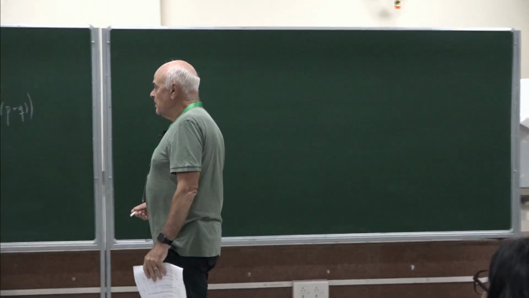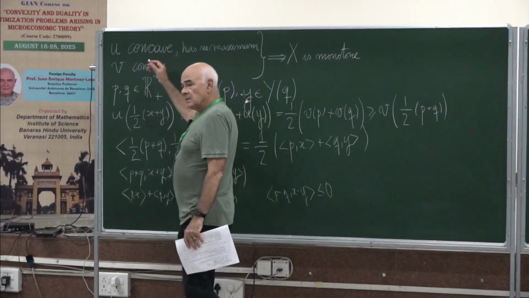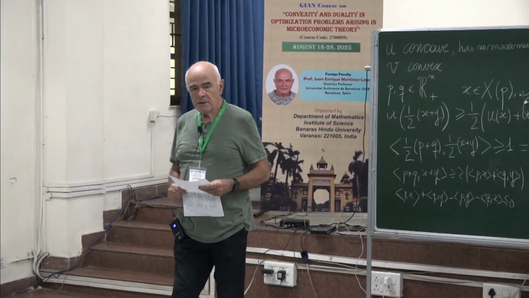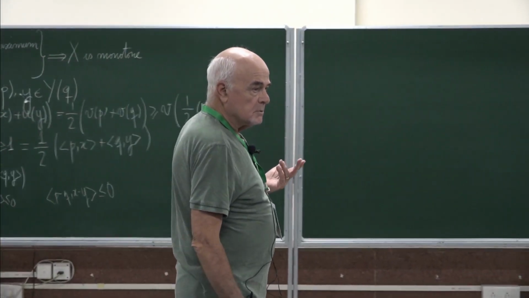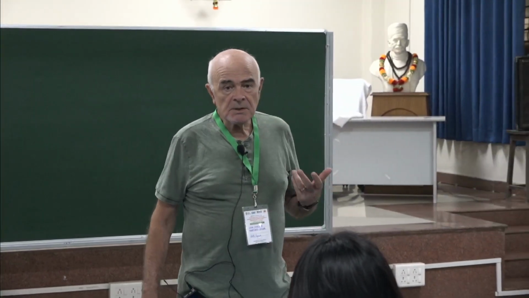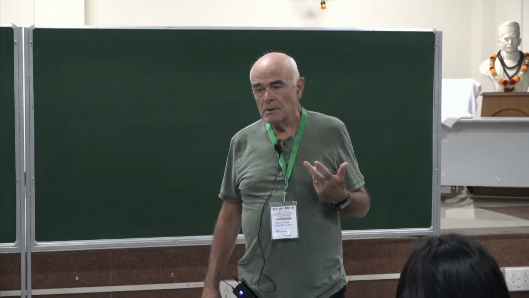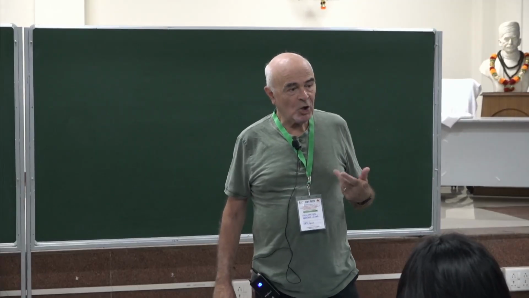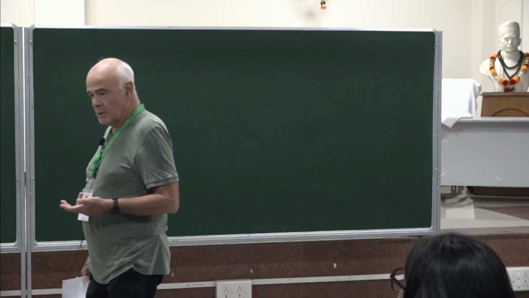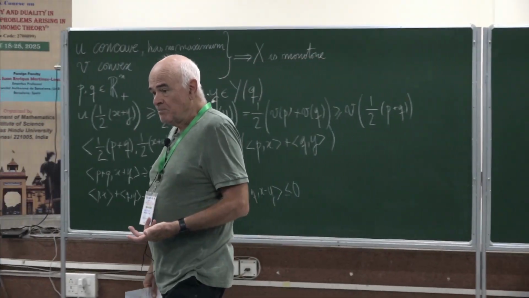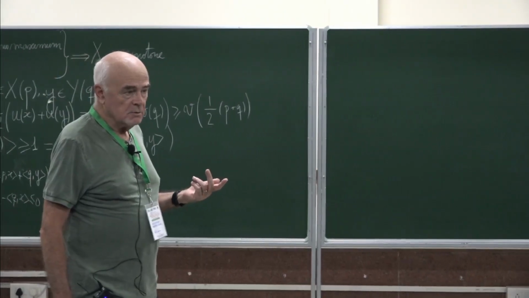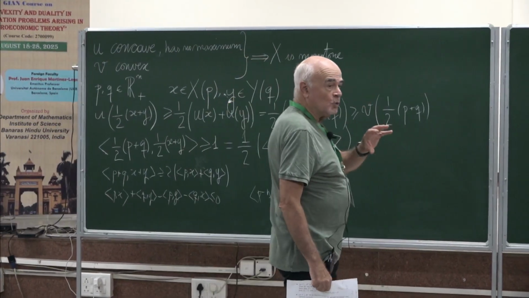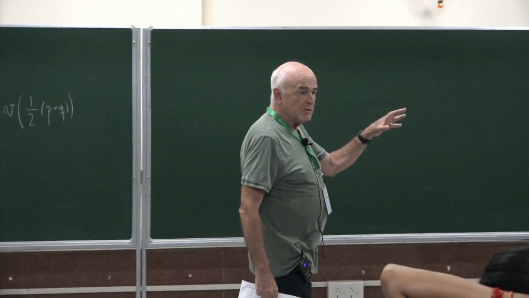Why? Because assuming that a utility function is concave is economically meaningless. Okay, it simply means that the preferences are described by a convex total preorder. But the same preferences can be represented by another utility function, actually the composition of U with an arbitrary strictly increasing function, for instance.